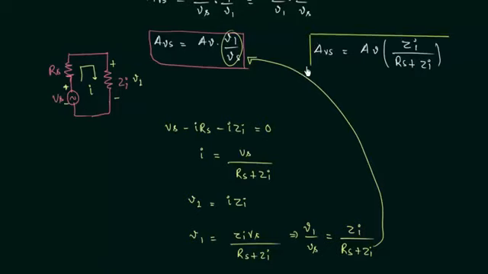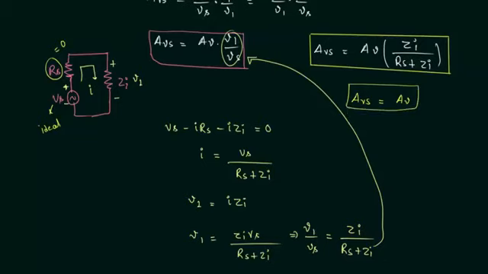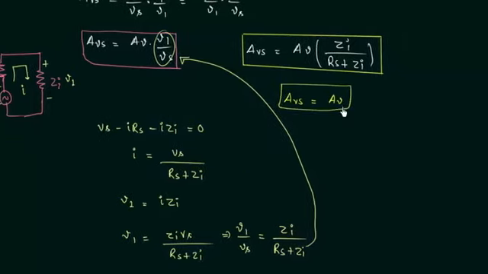And if we consider the case of ideal voltage source, this means Vs is ideal, then resistance Rs is equal to 0, and when this happens, the overall voltage gain is equal to the voltage gain. So this is very important point to note down. The overall voltage gain is equal to the voltage gain when we have ideal voltage source, because resistance Rs is equal to 0 in this case.